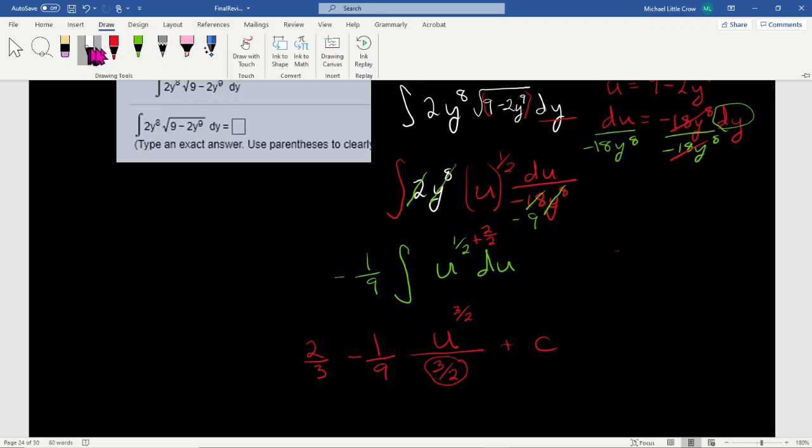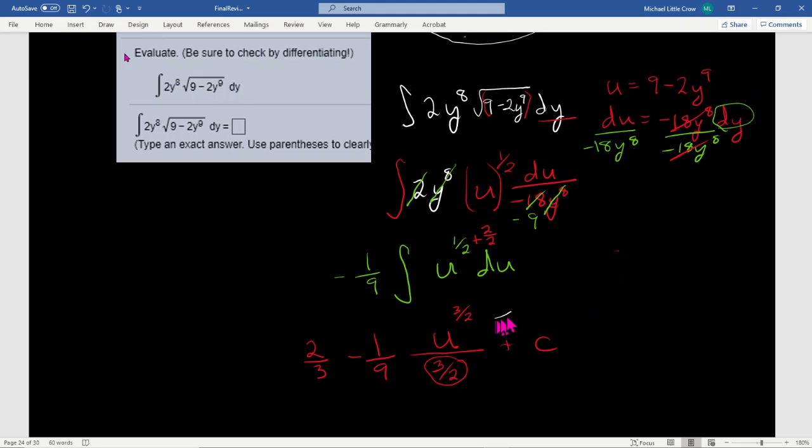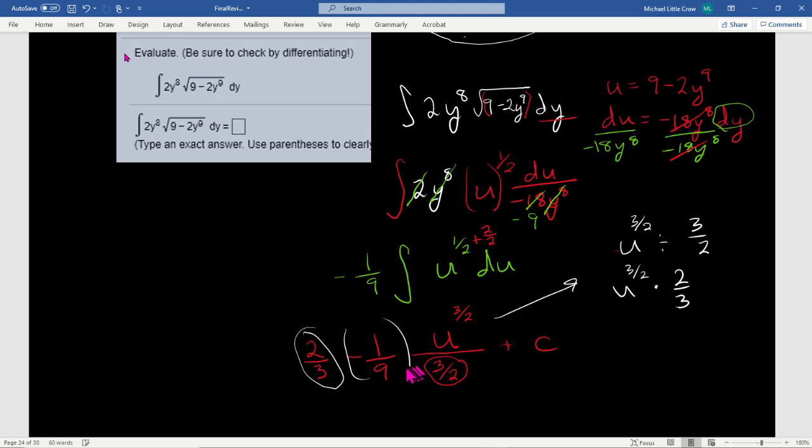Let me change colors and just make it clear what I'm doing here. Okay, so it's not that we're canceling this out. This is really u to the 3/2 divided by 3/2, so it's u to the 3/2 times 2/3. That's where this 2/3 is coming from. And I just moved it to the front, saying let's put all the fractions together and multiply them.